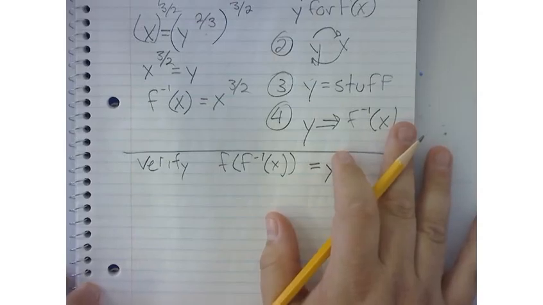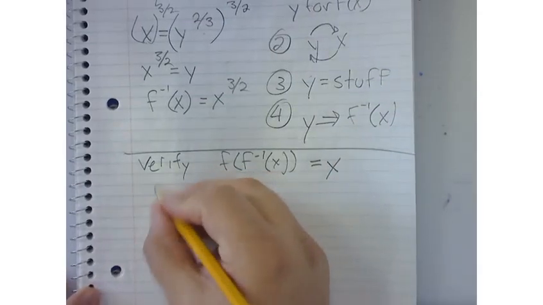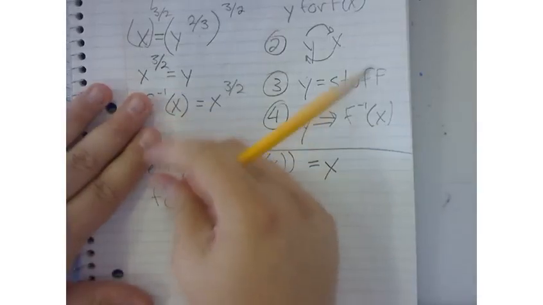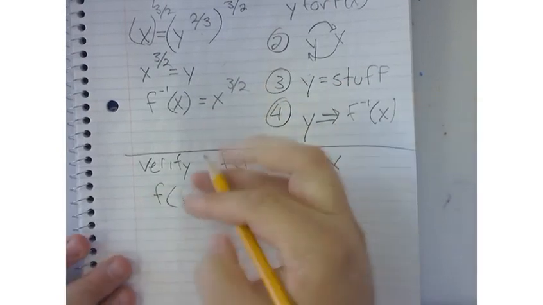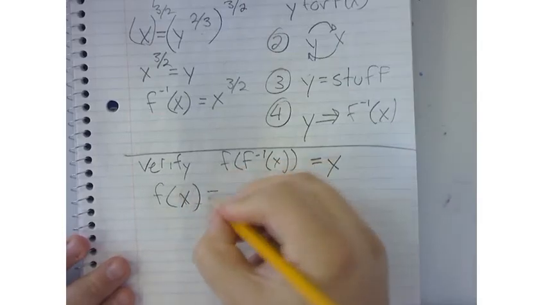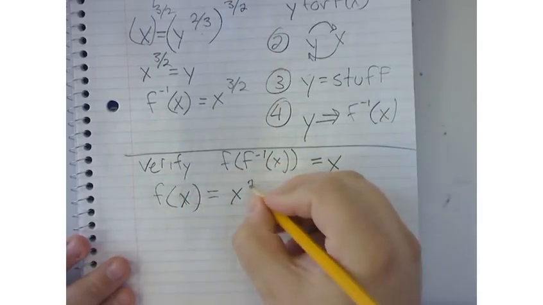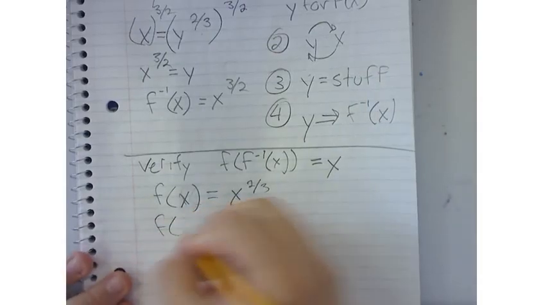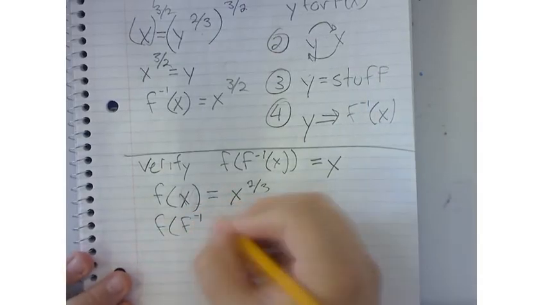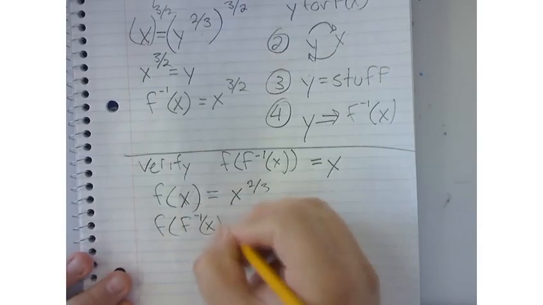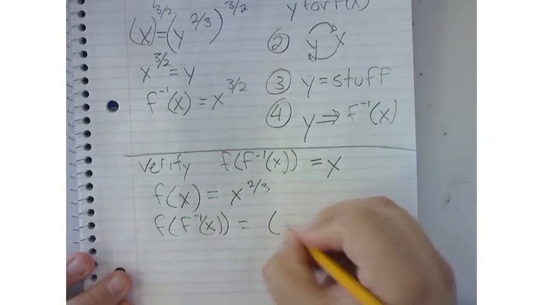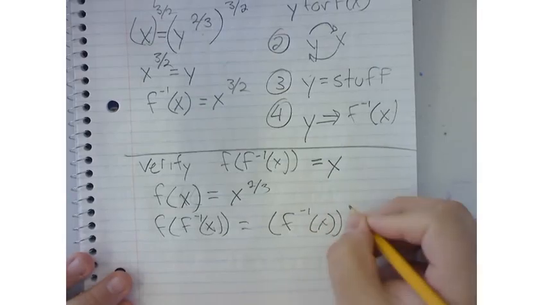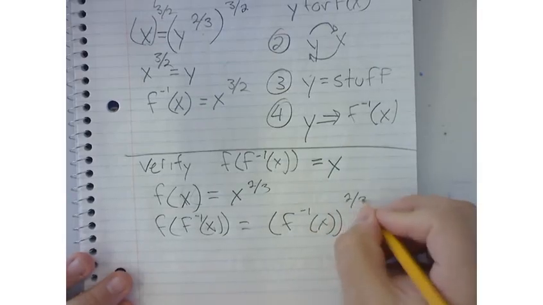Yeah. Okay. So if I say f of f inverse, well, first let's start off with what f of x is. f of x, remember, was x raised to the 2/3. But now if I say f of f inverse, I'm really saying f of f inverse of x raised to the 2/3.